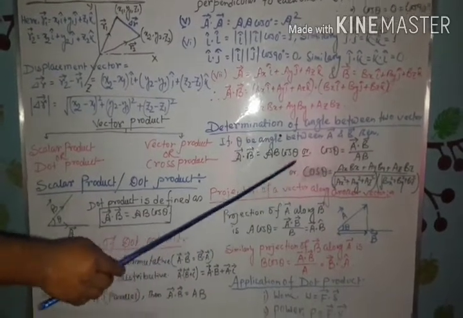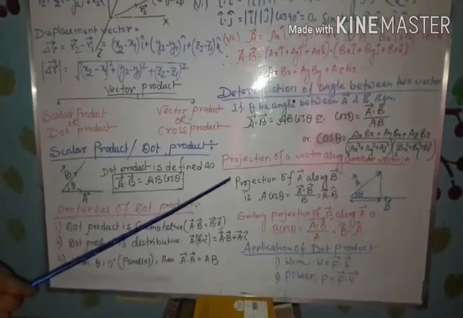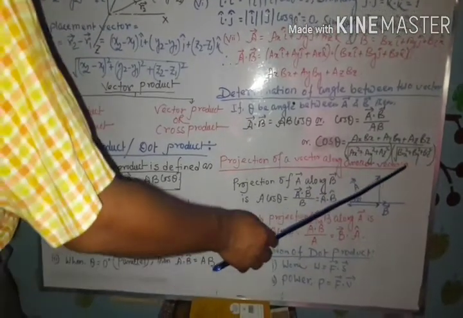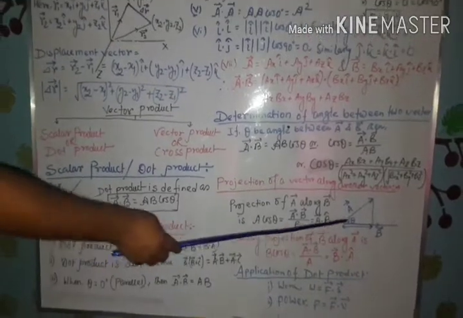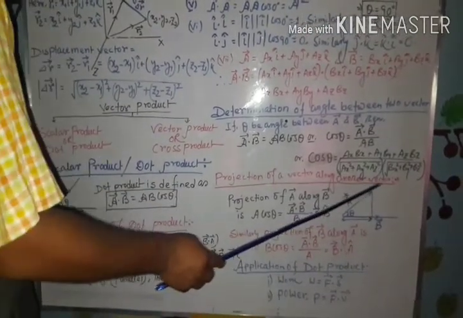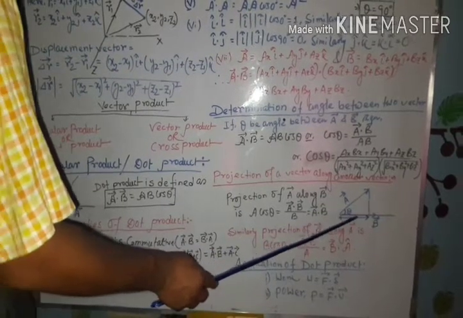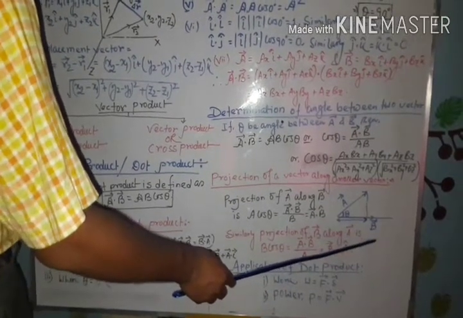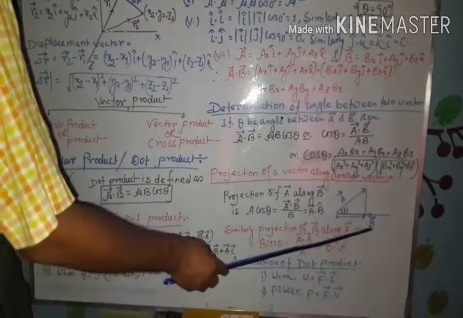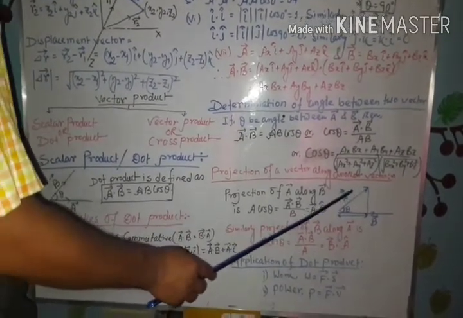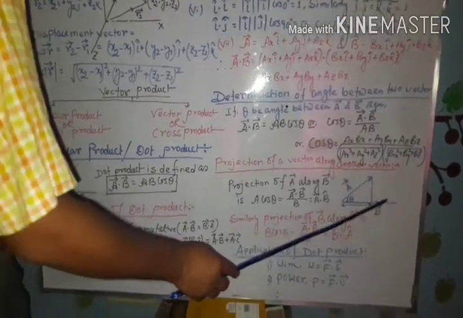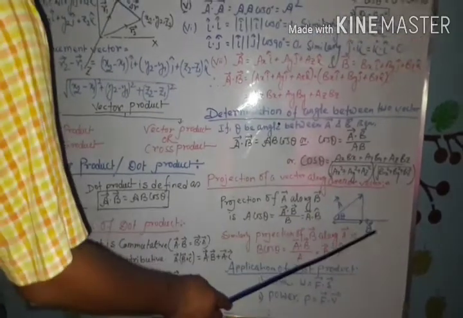Another application is there. What? We can find the projection of a vector along another vector. How? Just see the diagram. This is the B vector and this is the A vector. A vector makes an angle theta with B vector, and you want to determine the projection of A on B. To determine the projection of A on B, you have to take the component of A along B. What is the component of A along B?